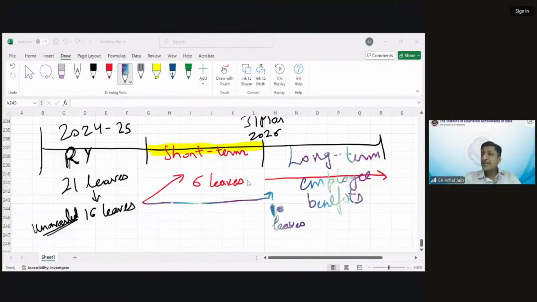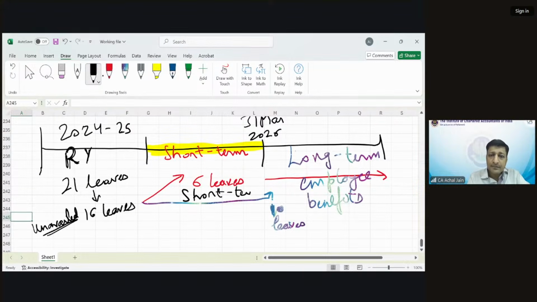Let's understand that for these 16 leaves, these 6 leaves will be recorded as short-term employee benefits, and these 10 leaves will be recorded as other long-term employee benefit.